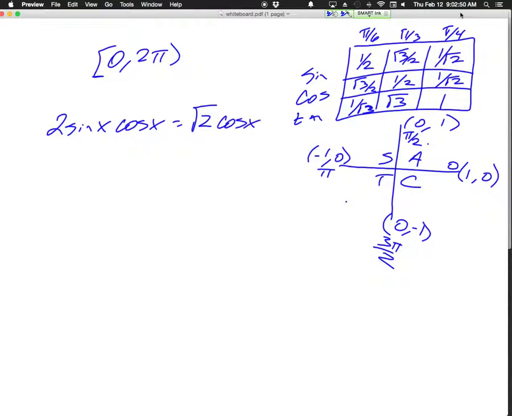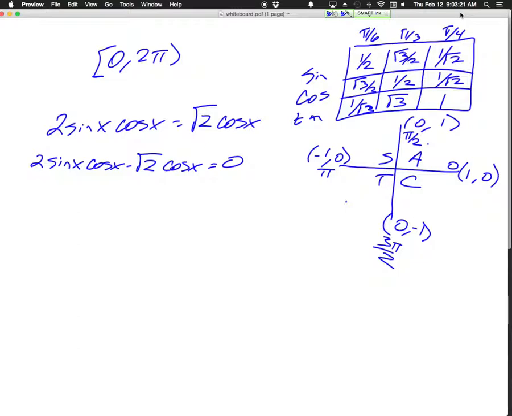All right, 2 times sine of x equals the square root of 2 times cosine of x. 2 times sine of x cosine of x equals square root of 2 times cosine of x. Get them all on one side. I'm going to move everything to the left on this one. So 2 sine of x cosine of x minus square root of 2 cosine of x equals 0.